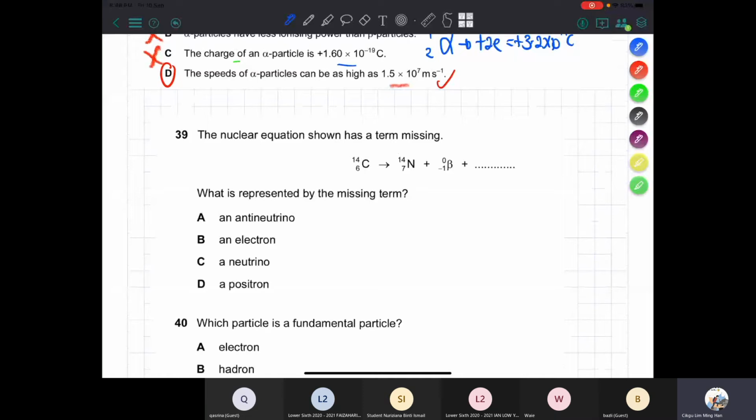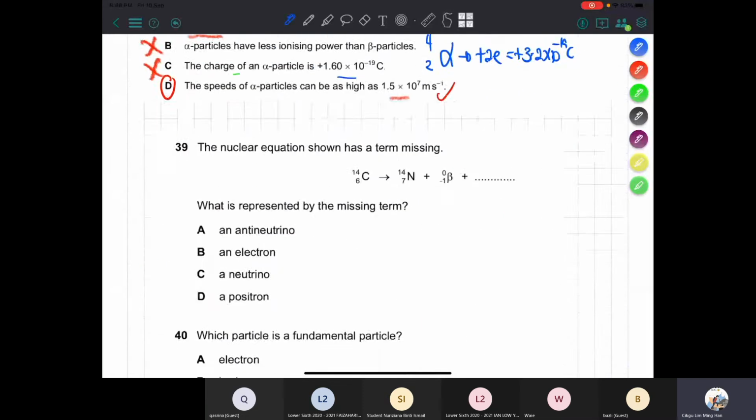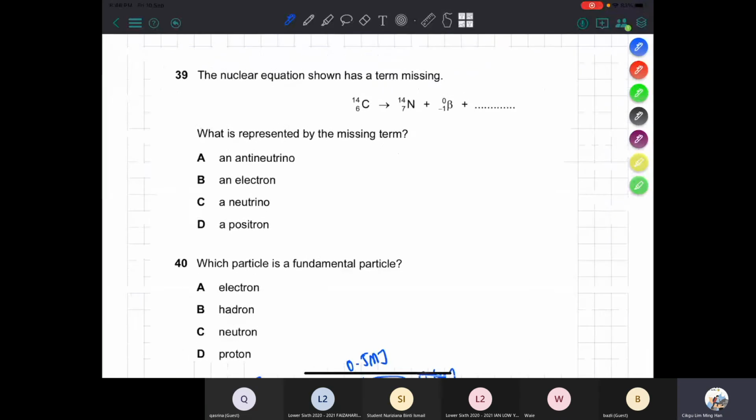Okay, sir. So quite interesting. We learn this one also. I try to share with you what I think during the exam. Oh, this one should be doable. What I mean by doable, this is a beta minus decay.